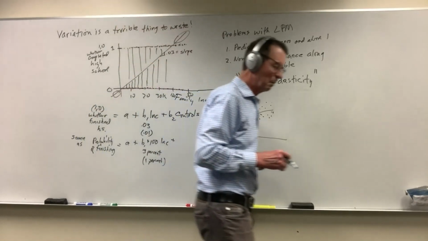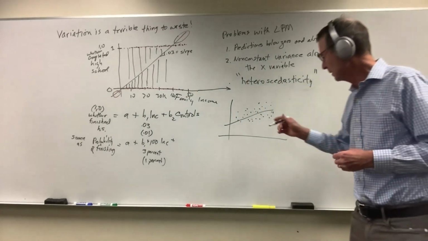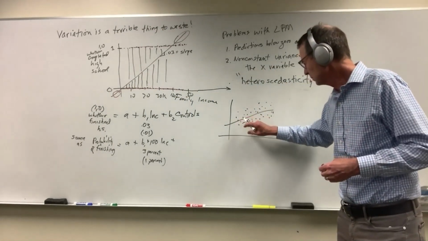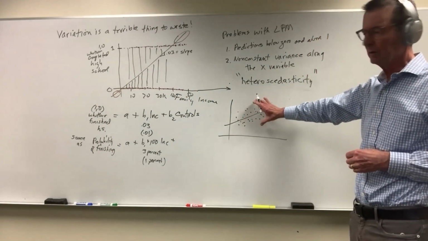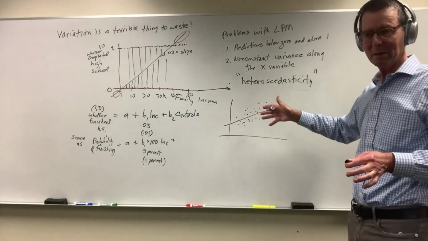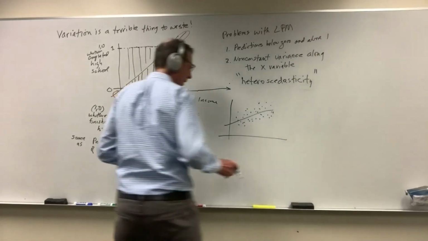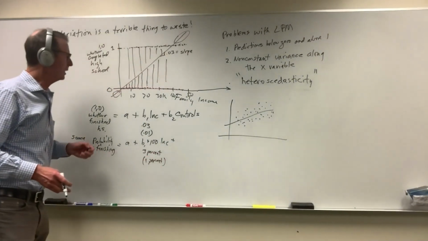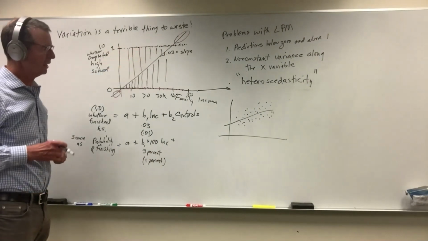And the nice properties of OLS regression hold, assuming that there's constant variance, assuming there's a normally distributed dependent variable, right? All these assumptions. And it's pretty clear that this heteroscedasticity, if you think about the variance as you go along here, is not constant.